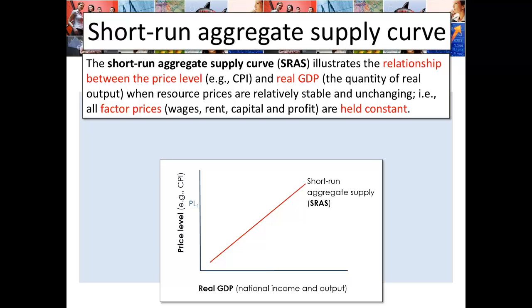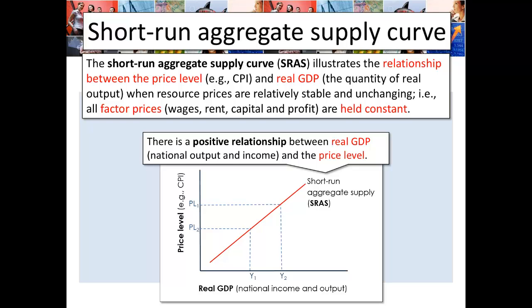So here we are, price level on one axis, real GDP on the other axis. Price level determines real GDP. So Y1, Y2, price level 1, price level 2. As the price level falls, so does real GDP, and we're going to find out why in just a second.